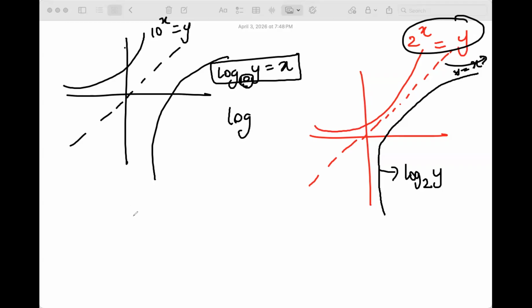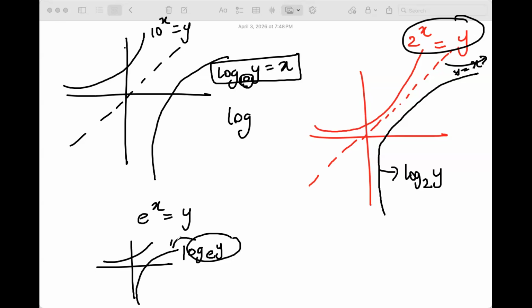Again, another function is e power of x equal to y, which is another exponential function. If I draw the inverse function, it's going to be something like this, but it's going to be log base e of y. As a result, we don't call it log base e, but natural log of y.